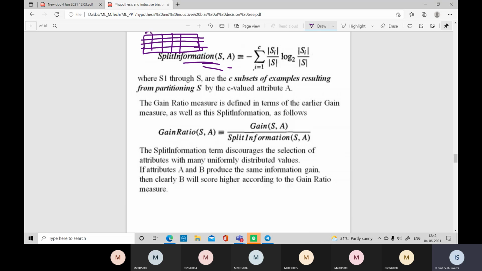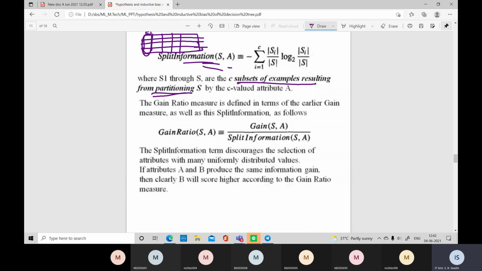And now, what is S here? Si is the subset of examples that results from the partition S, that is, how many samples you are taking for this first attribute. How many samples are there which are clean data, with no null values, with no empty values.